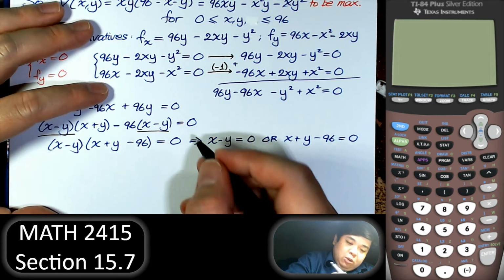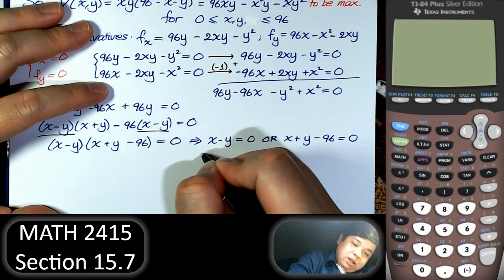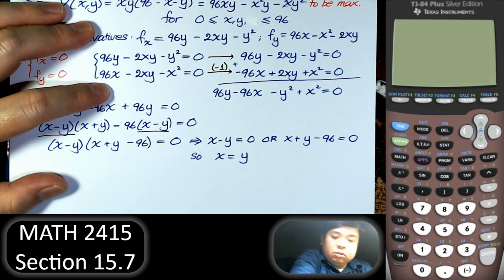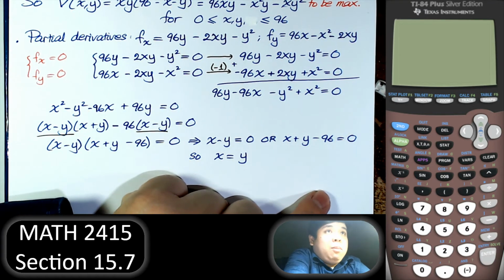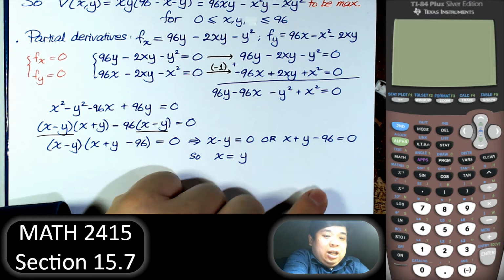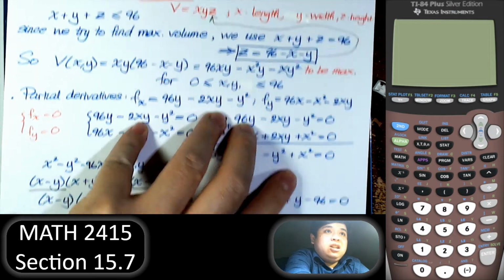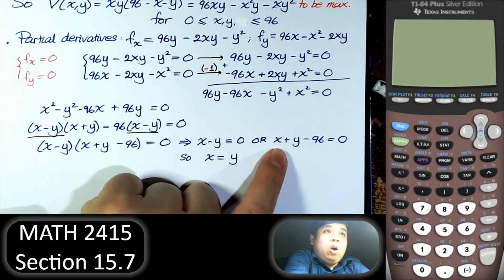x minus y equal to 0 gives x equal to y. Then x plus y minus 96 equal to 0. Notice that since x and y have to be between 0 and 96, the only case that this works is one of them is 0.